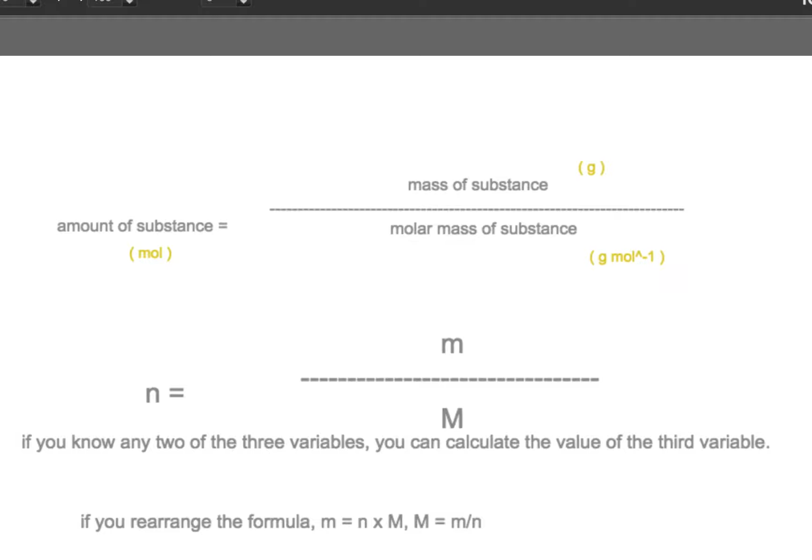And if you know any two of the 3 variables, you can calculate the value of the 3rd variable. And if you rearrange the formula, you would get m equals n times capitalized M, and capitalized M equals m divided by n.